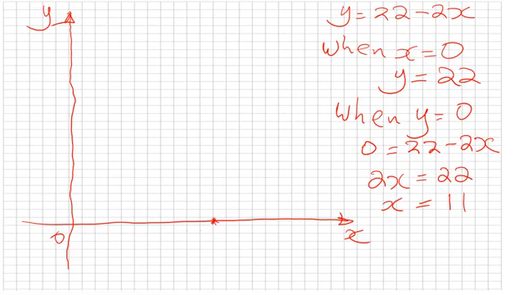And there 22: 1, 2, 3, up to 22, somewhere there. Okay, so this is 11. So this is a sketch. So that's a straight line.